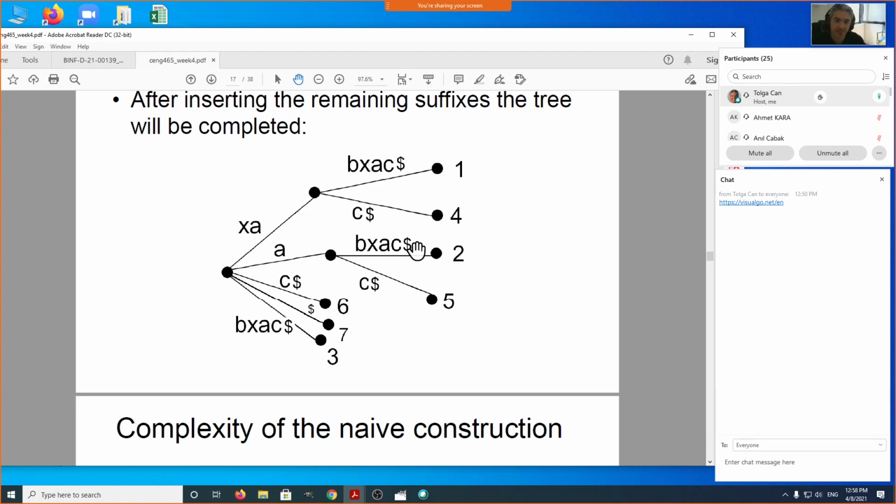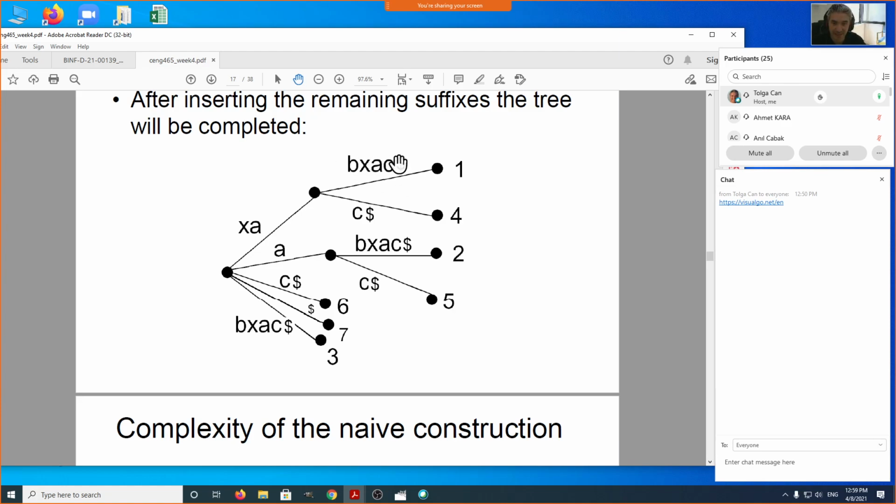But there's a very simple way to reduce this to O(n). Do we really need to write edge labels like this with all the characters? We actually just need 2 integers on every edge label. Each edge label is a substring. Therefore, we just need the index of the beginning of that substring and the end.